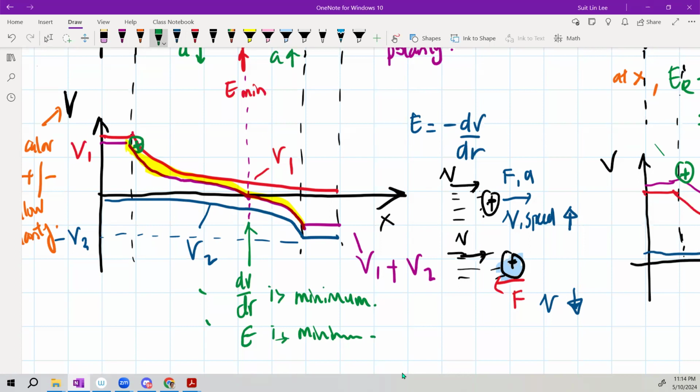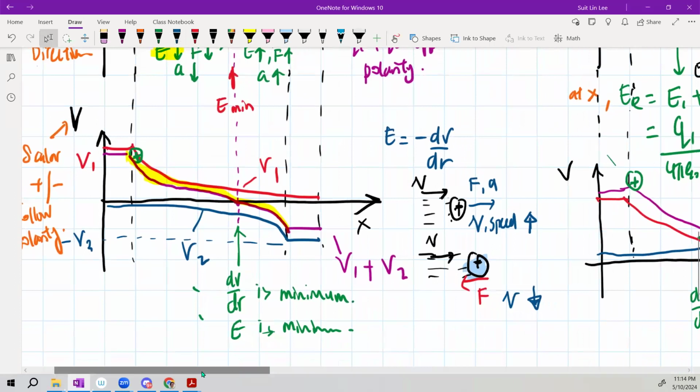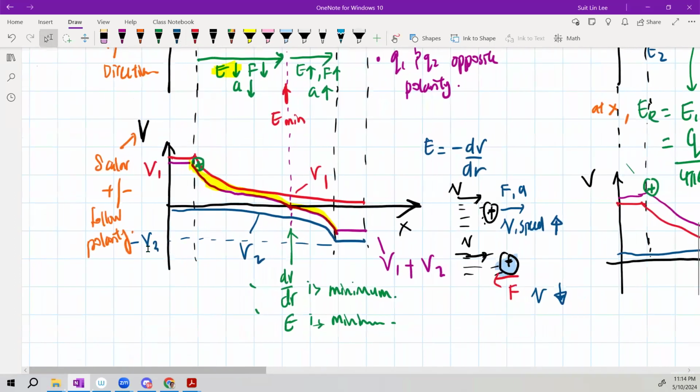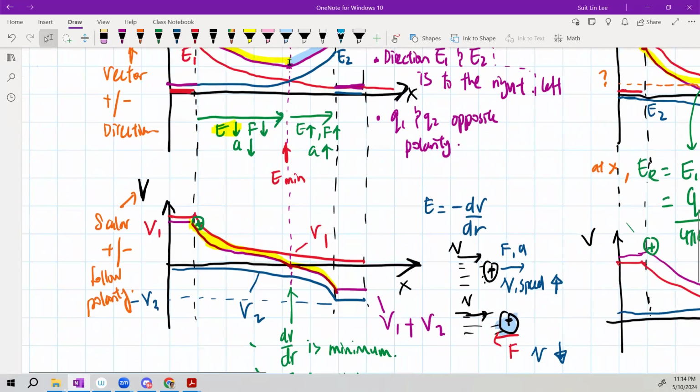E is minimum because here is the turning point. Does that make sense? So E is the gradient of this graph. Okay. So here the gradient is minimum, so here E is minimum.